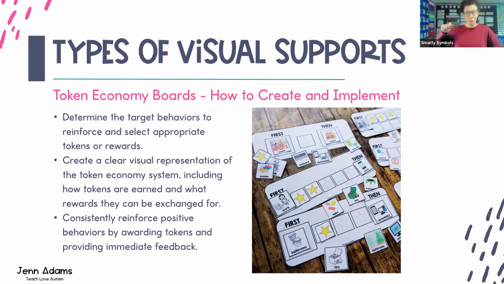If you put something that they like half a mile down the road, they're not going to see it. They're not going to smell it. They're not going to know it's there. Same for our students. If we make something unattainable for them, they're not going to be interested. They're going to lose interest quickly and they're going to go, well, I can't get it. It's too hard. So make sure you're thinking about that as well. And you can adjust the number of tokens or stars that the student can earn for it.